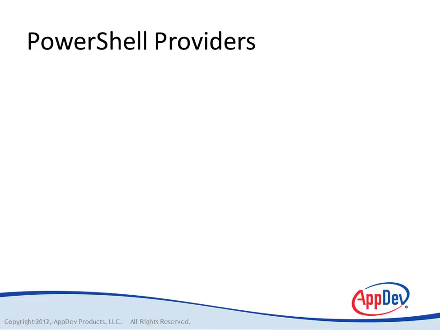There are a number of PowerShell providers available to you out of the box. And of course, it's possible for vendors to provide custom ones, or it's possible for you to build your own custom ones. But the built-in ones include the file system, which you've been using the whole time. You've been using a PowerShell provider anytime you change drives or paths.